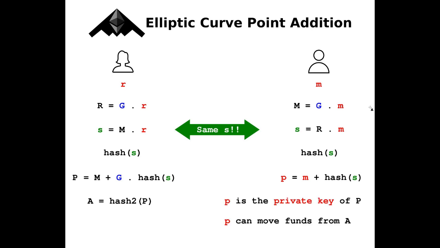And the neat thing about this is small p is the private key for public key capital P, and therefore small p is the private key that's able to spend the funds that have been placed at address A. And this is the fundamental mathematics behind how the stealth address or the stealth payment mechanism works.